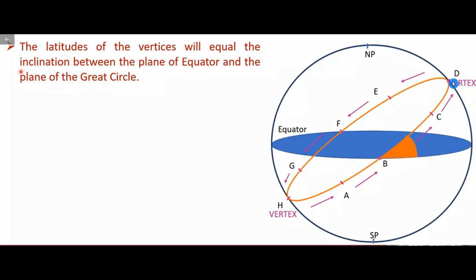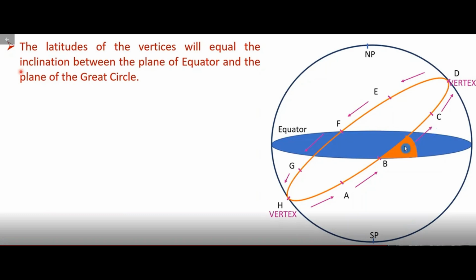Latitude is 40 degrees of the vertex of point D. So second option which is coming up is 040. Any other option beta? Sir, it will be 050, sir. Very good. So it will be 050 beta.